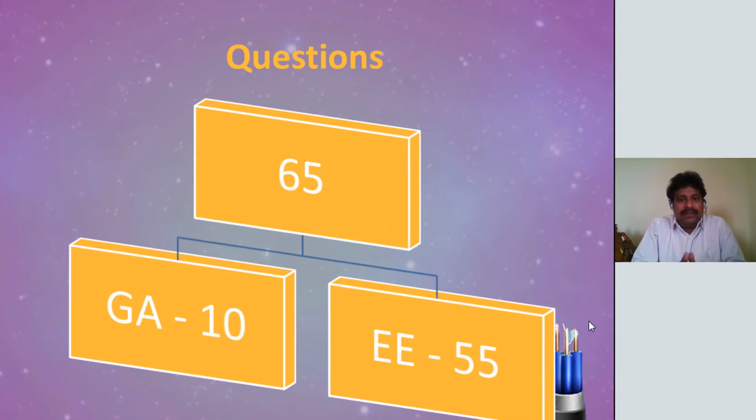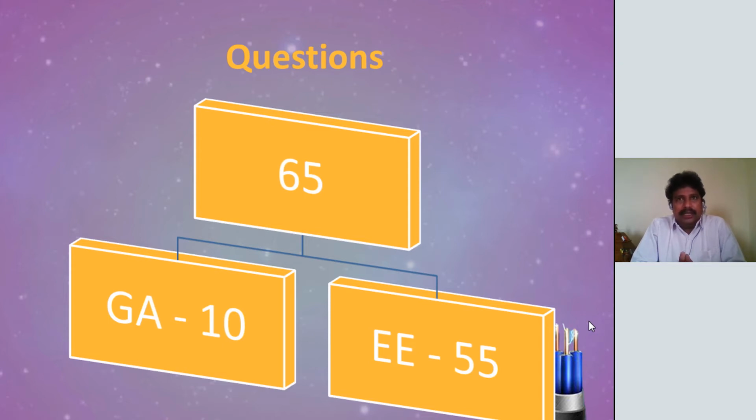As I told you earlier, the student would be asked 65 questions, which would be evaluated for 100 marks. These 65 questions are divided into two categories: general aptitude and stream.